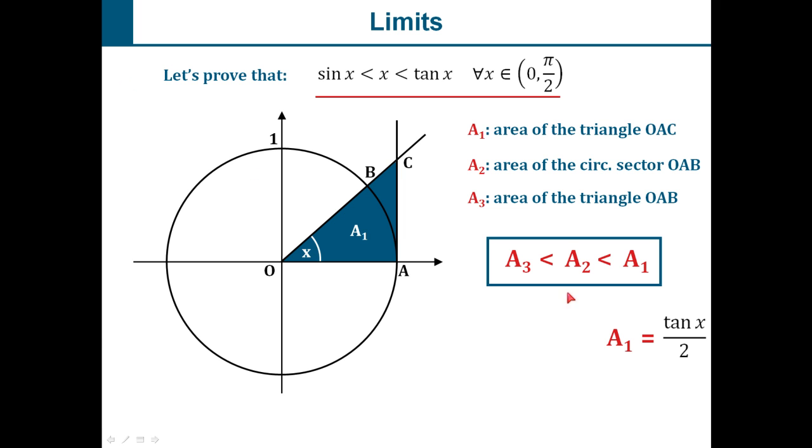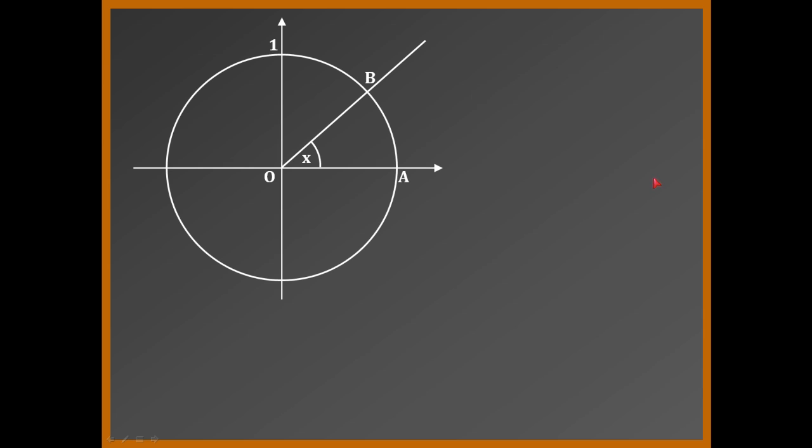Let's turn to the calculation of A2. The area A2 of the circular sector OAB is obtained by using a simple proportion. In fact, the area A2 is to the central angle x as the area of the circle, which is pi times the radius squared, this means pi, is to 2 pi.